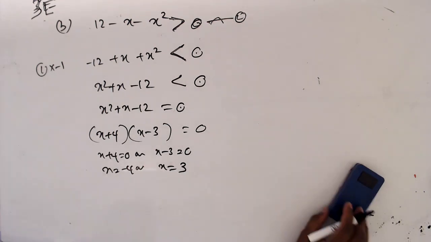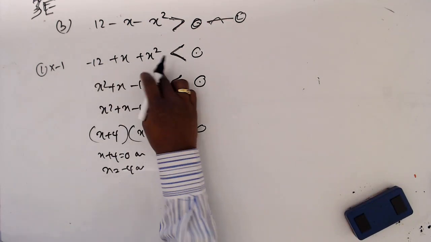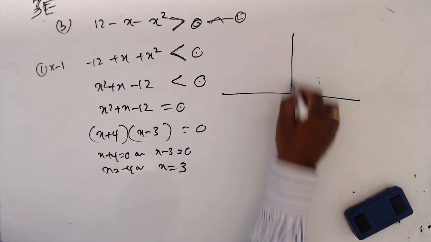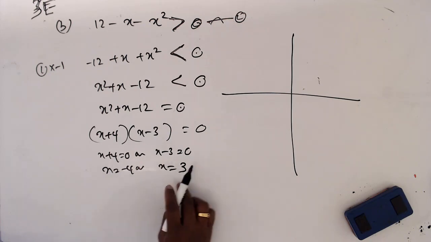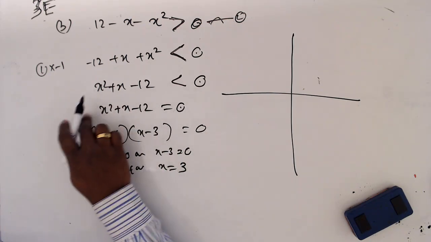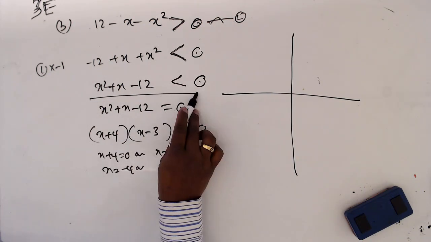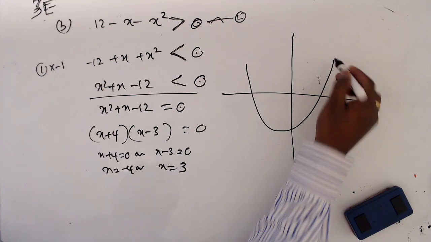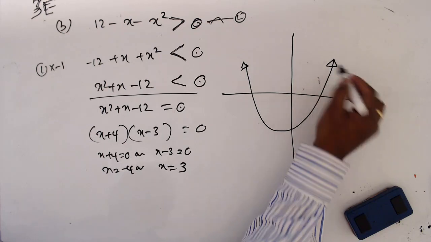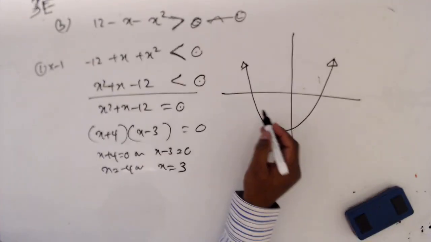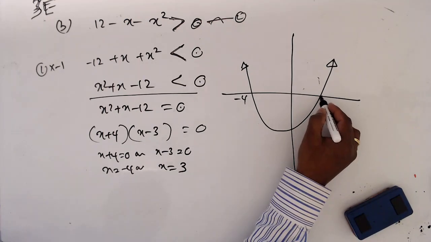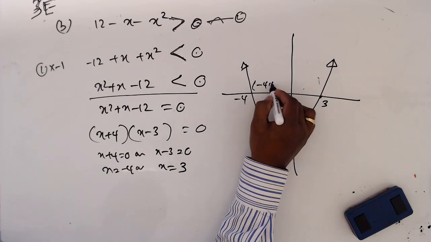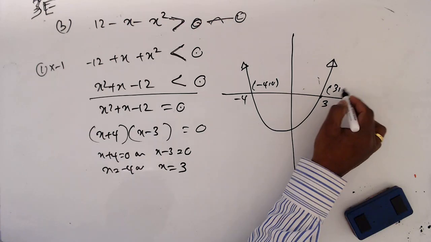Now we draw this graph. Minus 4 and 3. And this is the graph we are looking for. Minus 4, 0 and 3, 0.